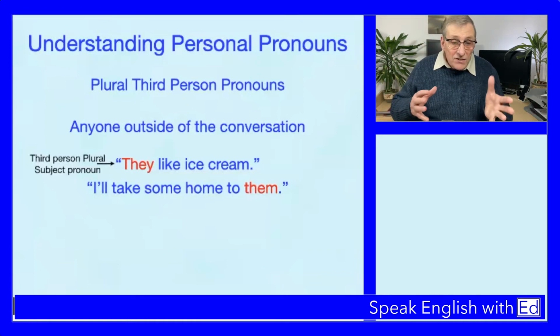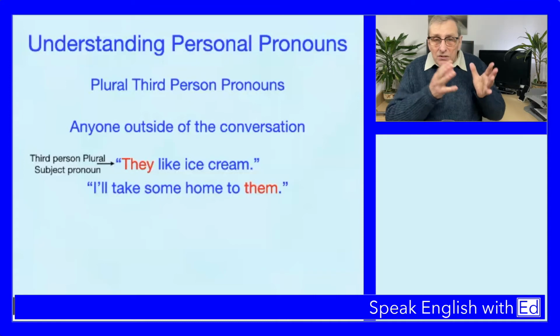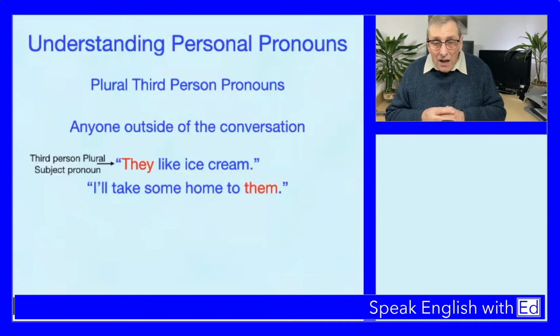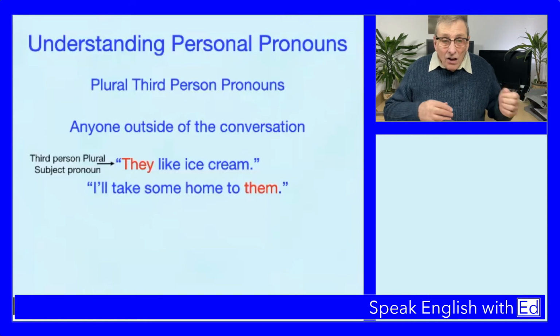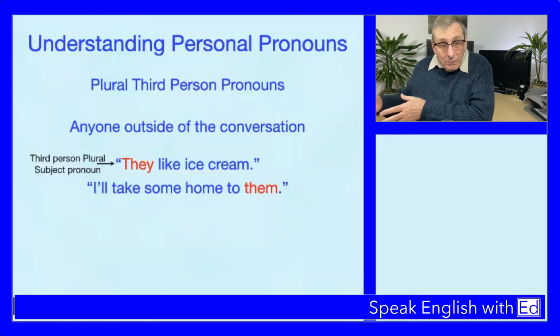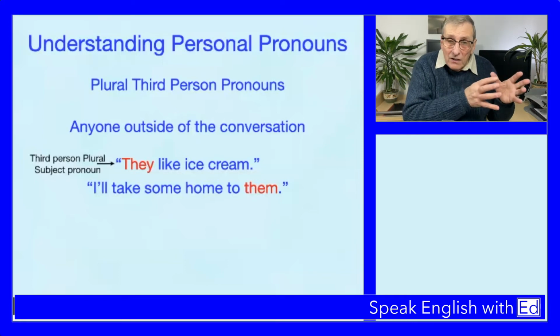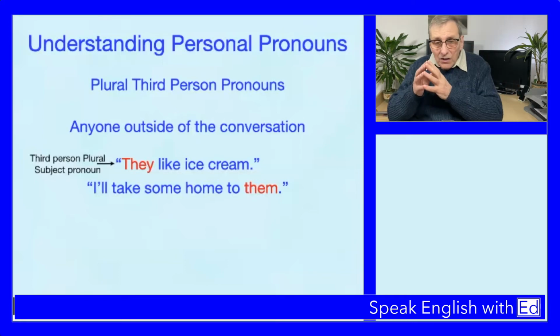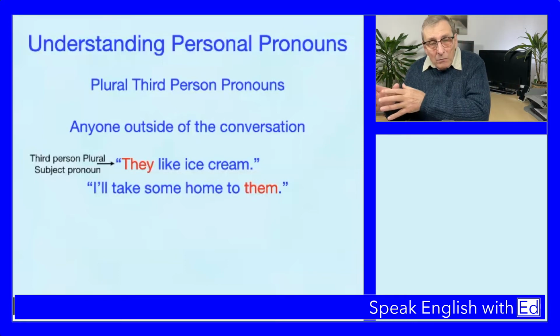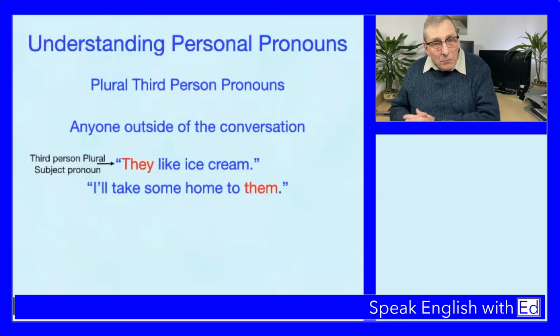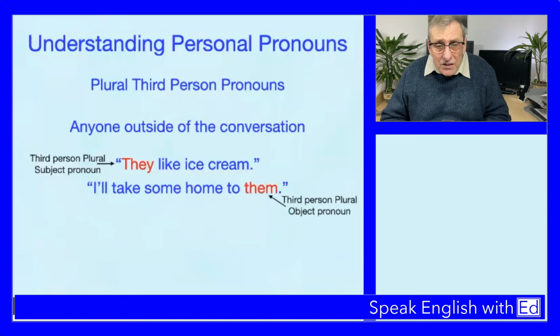So the whole sentence would be, you'd mention who they are first, so you'd get Mary and John, they like ice cream. I'll take some home to them. So you've only mentioned Mary and John once, and then you use they and them in the pronoun positions. So them is the third person plural object pronoun.